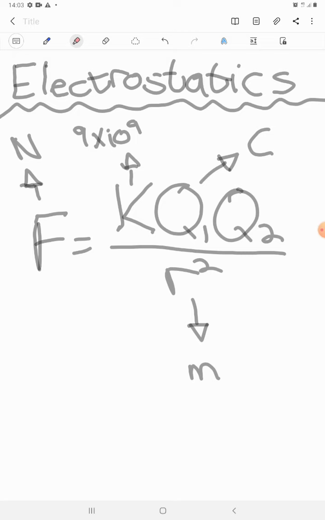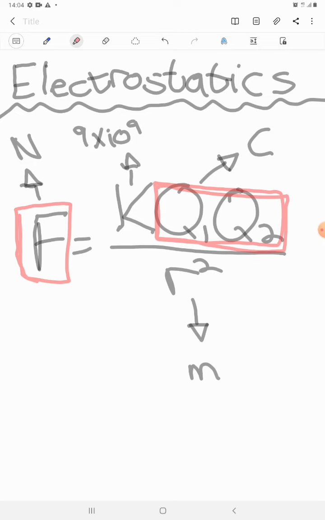So what they're saying is, when we're looking at electric forces, our force between two charges, Q1 and Q2, is directly proportional, which means if my charges increase, my force will also increase.